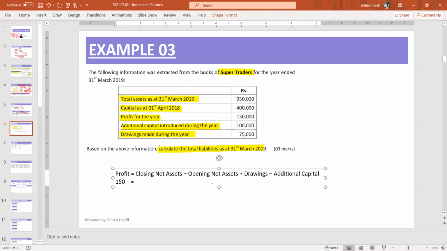Now here we have to take the liabilities as X. What is the answer?